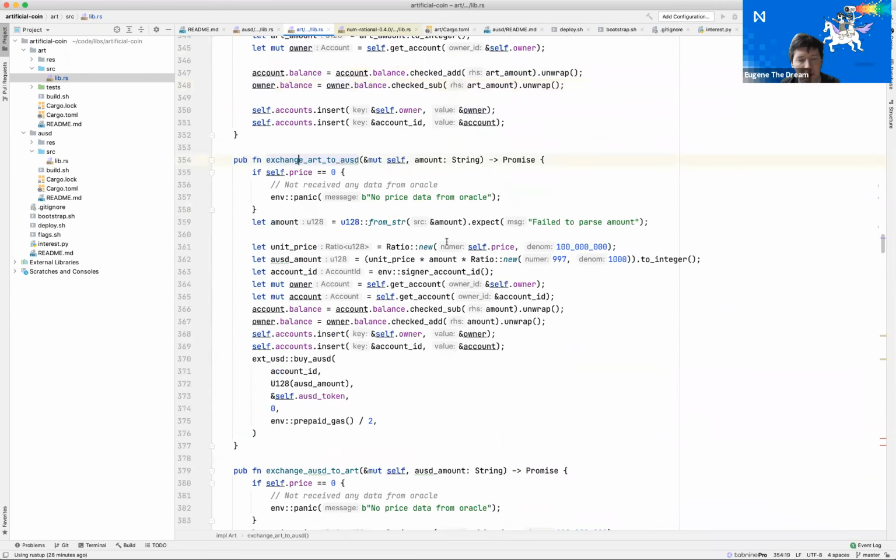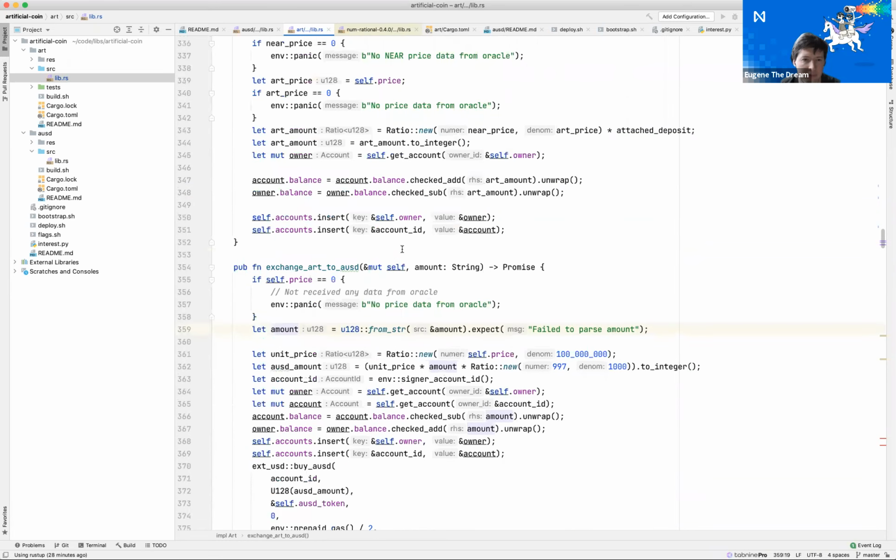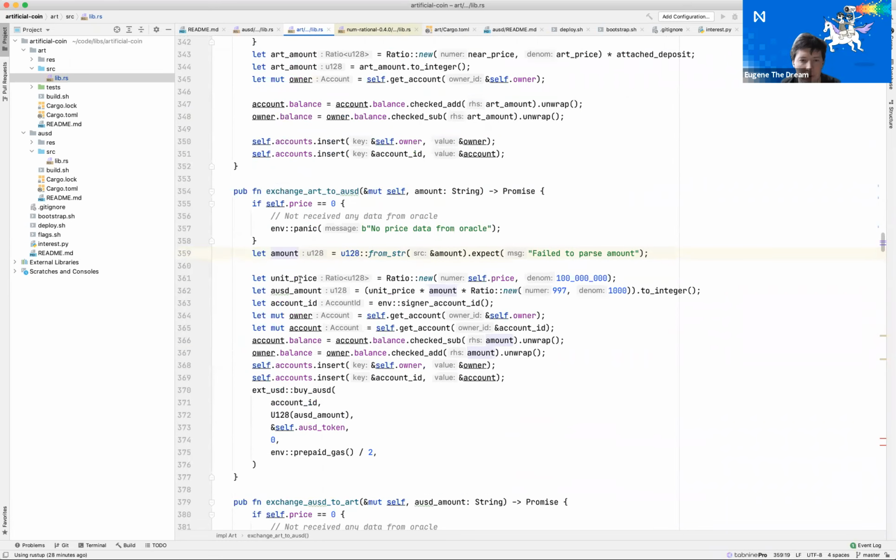Okay, so you can exchange art to AUSD. You say how much you want to do, and then unit price AUSD by amount by denominator, so there's some fee, then account ID, again predecessor.